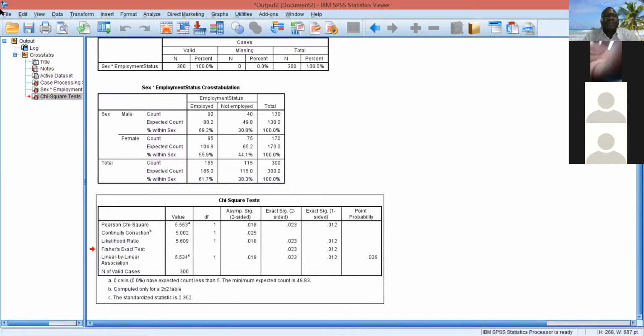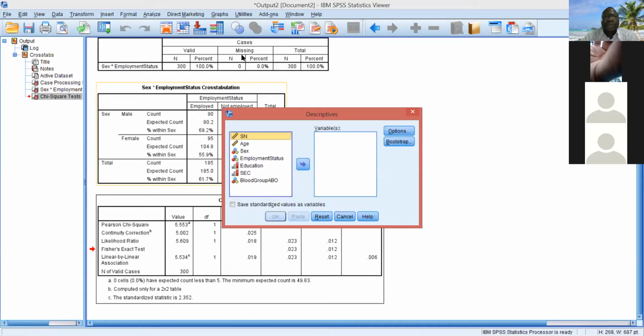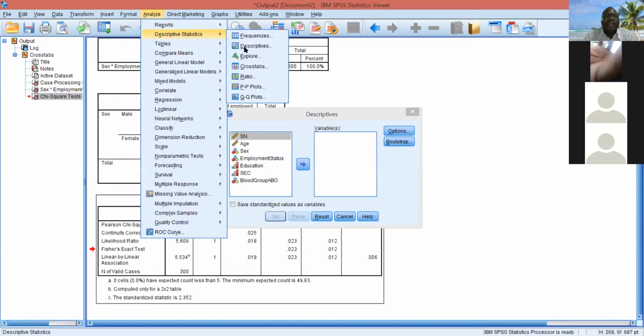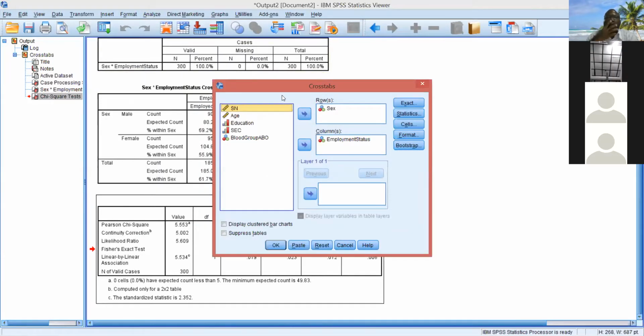Analyze, descriptive, cross-tab. Cross-tab, yes. Now, all you need to do is go to that cell. Click on the cell. Everything is already there. Click on the cell.